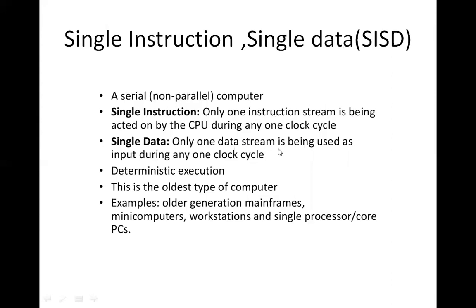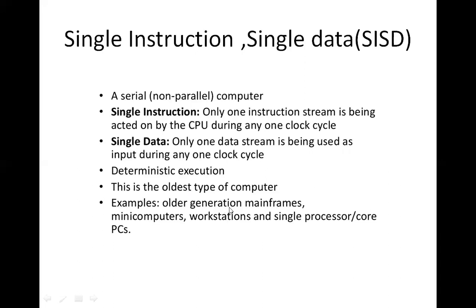A single data stream is being used, and it is deterministic execution. Deterministic means, as in TOC, you know, deterministic finite automata and non-deterministic finite automata, in deterministic, for one state there will be only one output. Okay, so this is the possible deterministic execution, and this is the oldest type of computer.